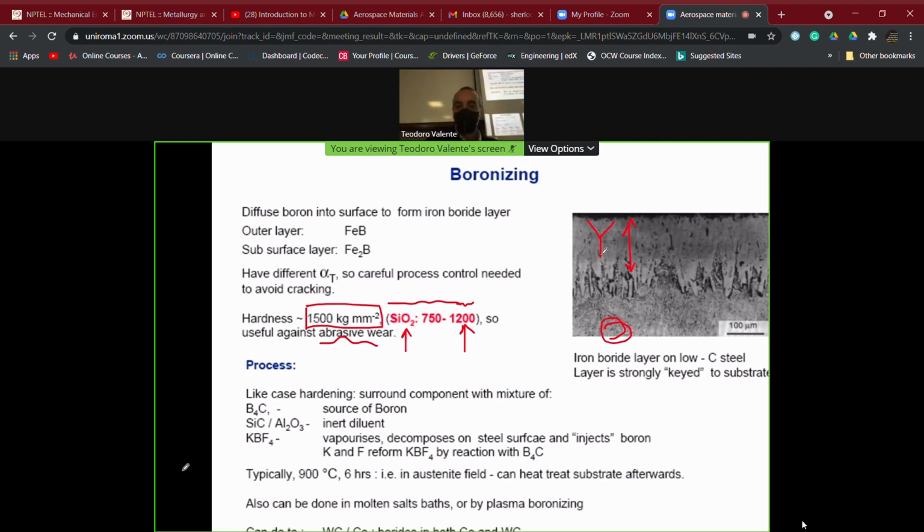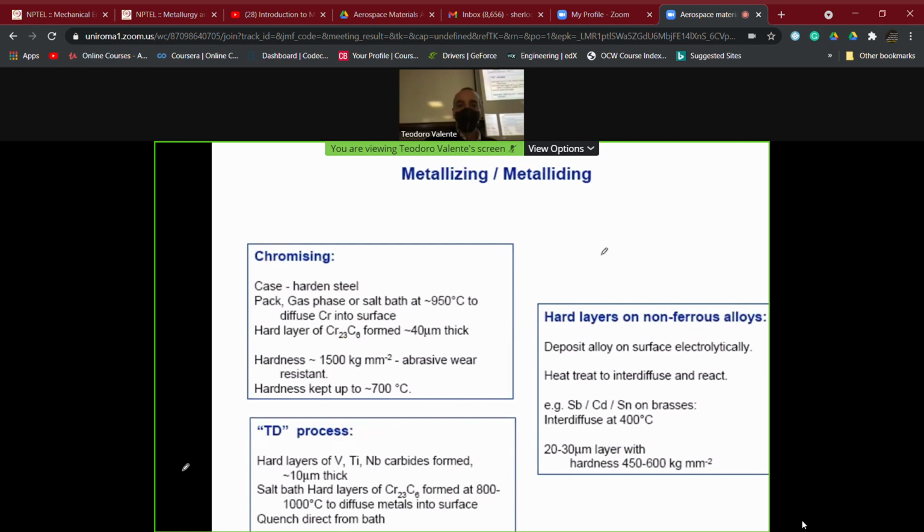If we move to the other class, that is the class in which we rely on the formation of coatings, one area which is quite known, technically speaking, is the so-called area of metallizing of the materials.